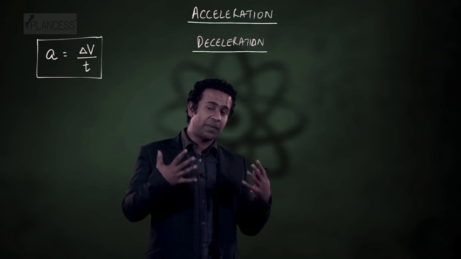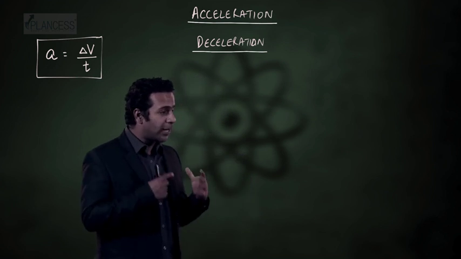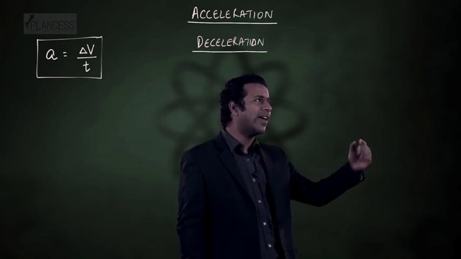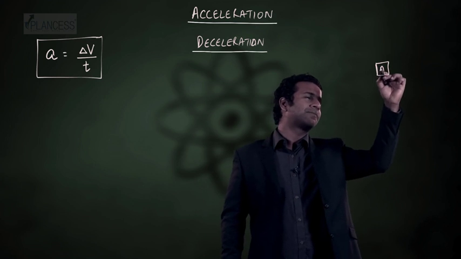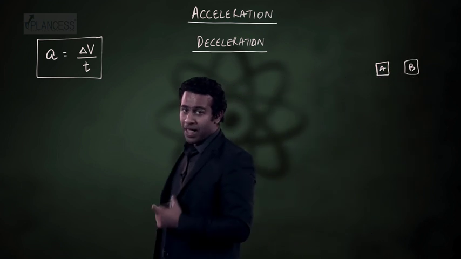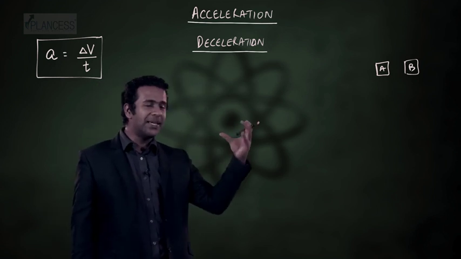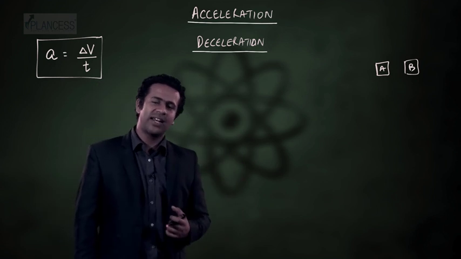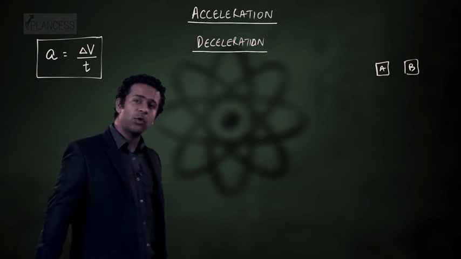It changes its speed. Now, if you compare two bodies, let's say you have two vehicles, A and B, and they both start to accelerate. Let's say I tell you that B is accelerating faster than A. What do you think that would mean?